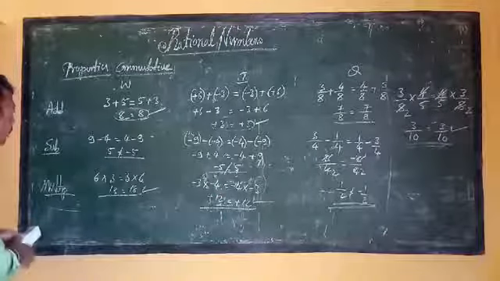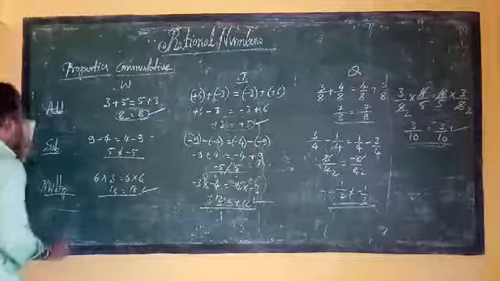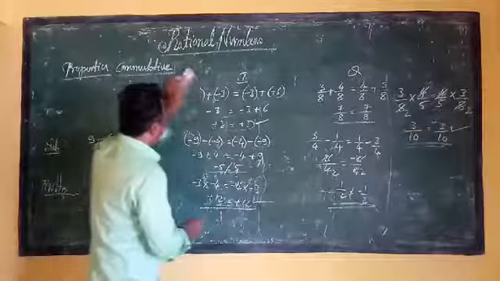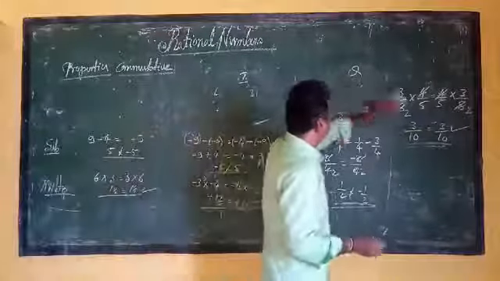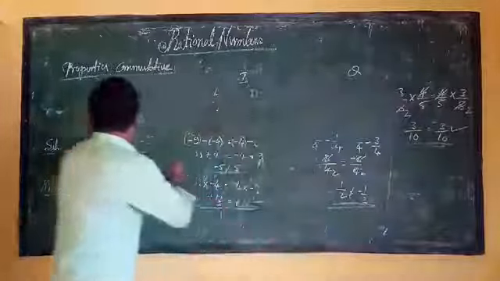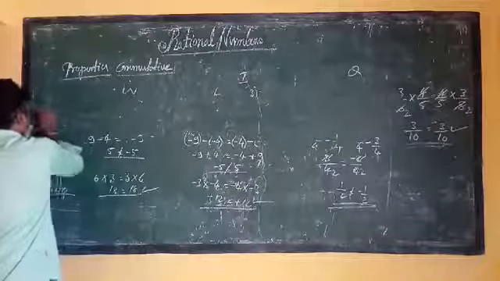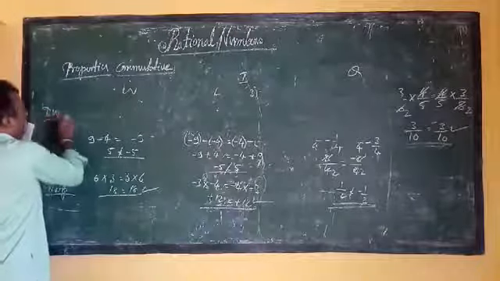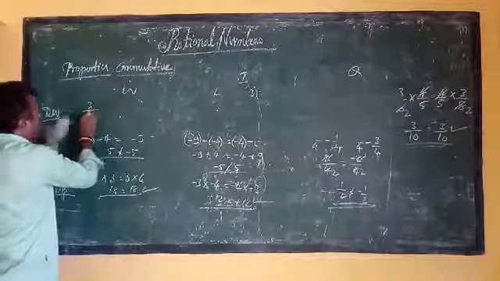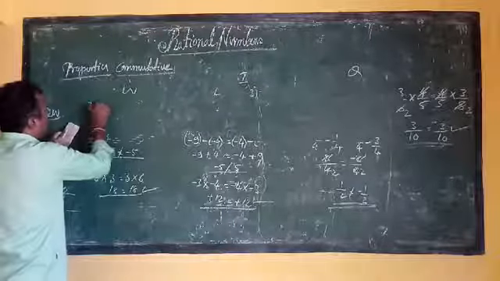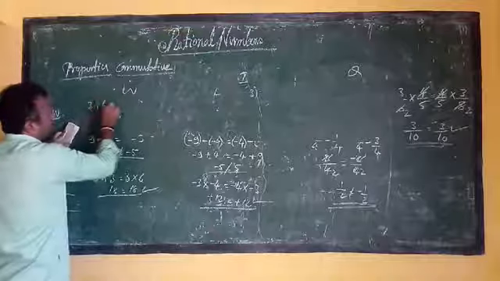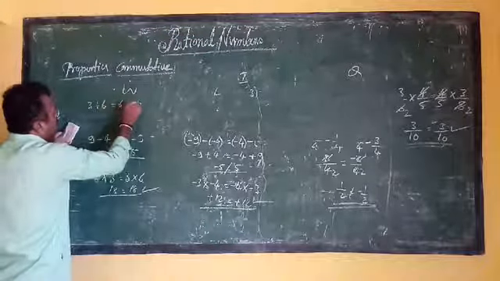Okay. Finally, division. See, division. 3, one of the whole numbers, divided by 6, another whole number, is equal to 6 divided by 3.